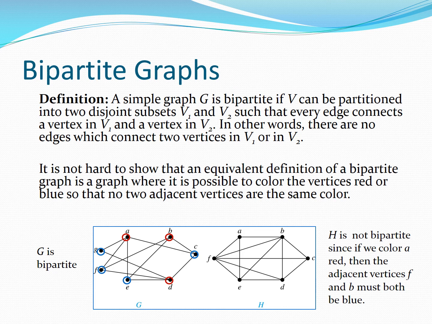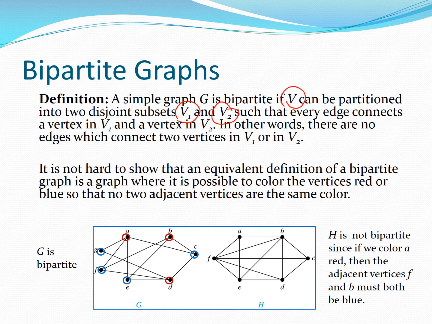If you have a graph G, and you can partition the total number of vertices in the graph into two sets, let's say V1 and V2, in such a way that every edge present in your graph connects one of the vertices from your set V1 to another vertex from your set V2, then you say that the graph is bipartite.